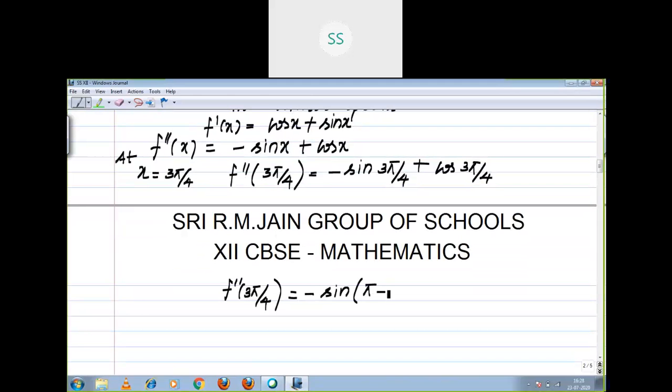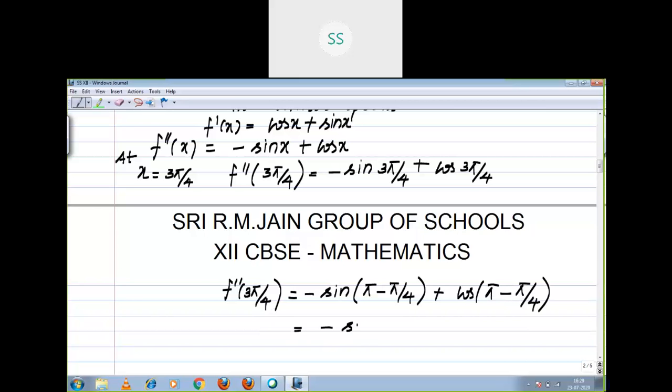Minus sine 180 minus theta. Sine 180 minus theta is sine theta, because it is a sine house. Plus cos 180 minus theta. You will get minus cos theta, because sine house, sine and cosecant alone positive, the rest of the things are negative.